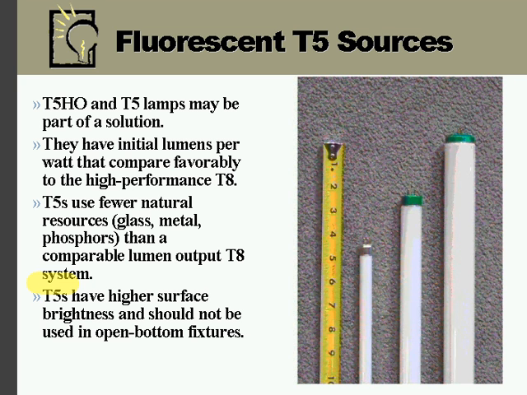The initial lumens are about the same as high performance T8 fluorescent. Actually, the best one out there is standard T5. Very few people use standard T5. T8 high performance is going to come next, and then T5HO is actually a little bit less efficient than high performance T8s.